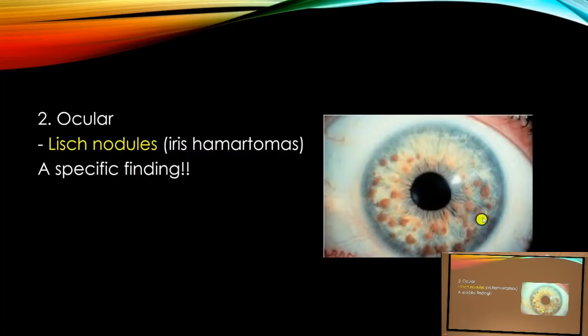Now, it might seem that in this case it's very obvious, but with a routine eye exam with an ophthalmoscope, these can be difficult to see. So if we have someone with cafe au lait spots, we certainly would want them to be seen by an ophthalmologist. It often requires more detailed testing to detect these, especially if they aren't as numerous or obvious as we see them here in this picture.